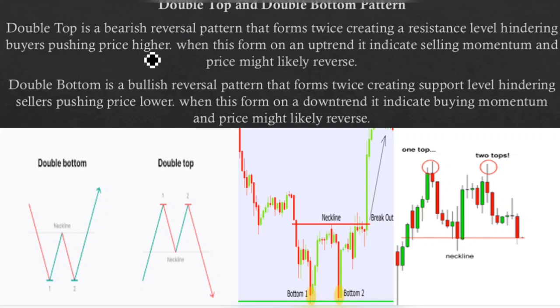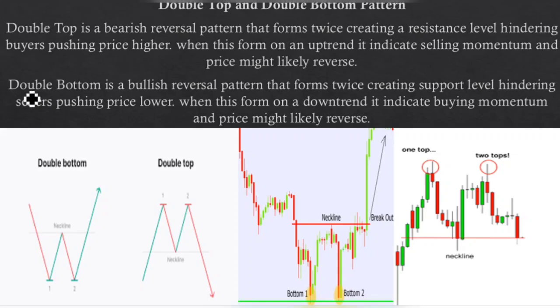A double top is a bearish reversal pattern that forms twice, creating a resistance level, hindering buyers from pushing price higher. When this forms on an uptrend, it indicates selling momentum and price might likely reverse. Let's recap again. A double top is a bearish reversal pattern that forms twice, creating a resistance level, hindering buyers from pushing price higher. When this forms on an uptrend, it indicates selling momentum and price might likely reverse in the opposite direction.